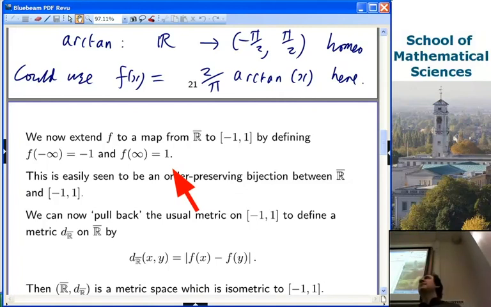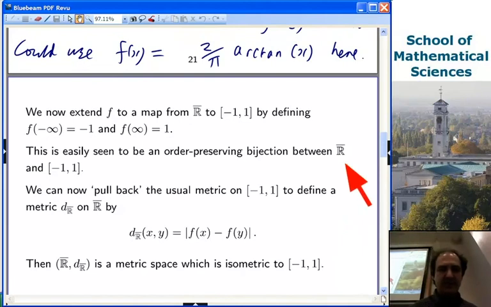And since we've got no topology yet on the real line, we've now got an order-preserving bijection from the extended real line to minus 1, 1, which behaves properly on the real line, but so far it's just a function on the whole thing.